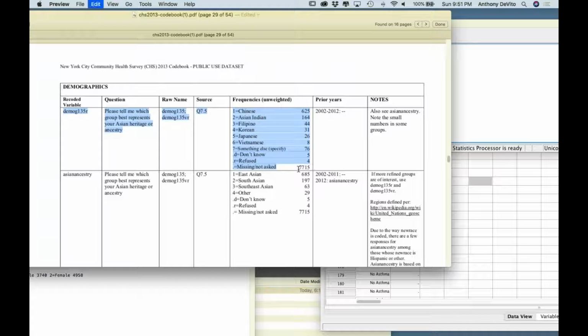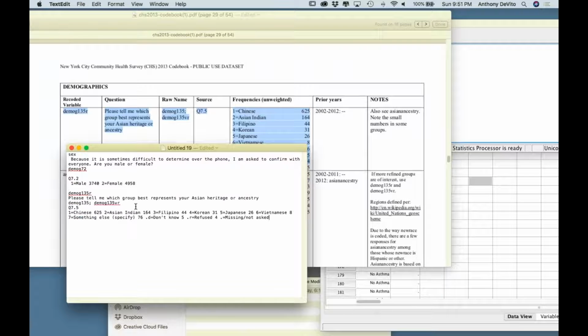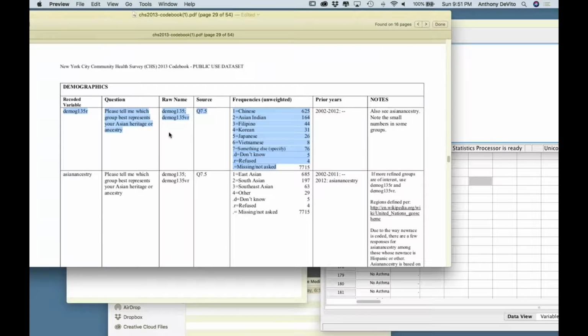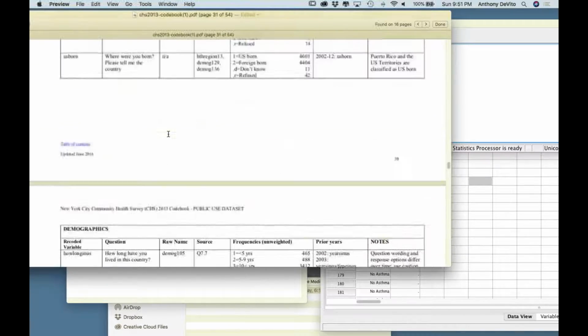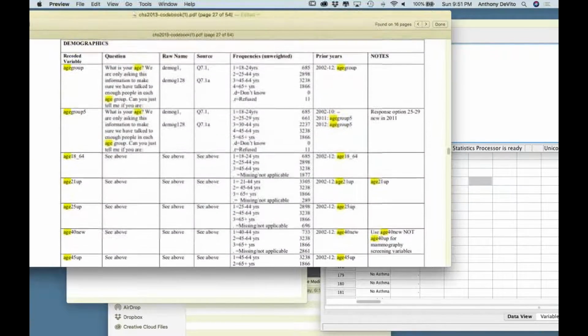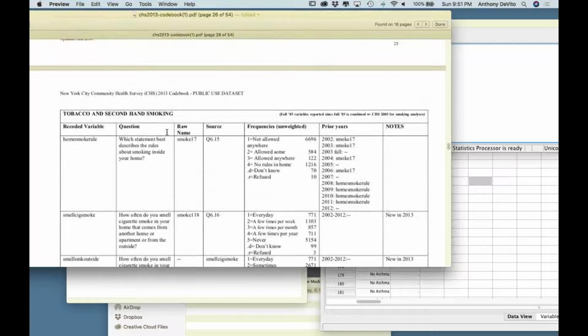I'll take this also. So remember it, demographics, by years.